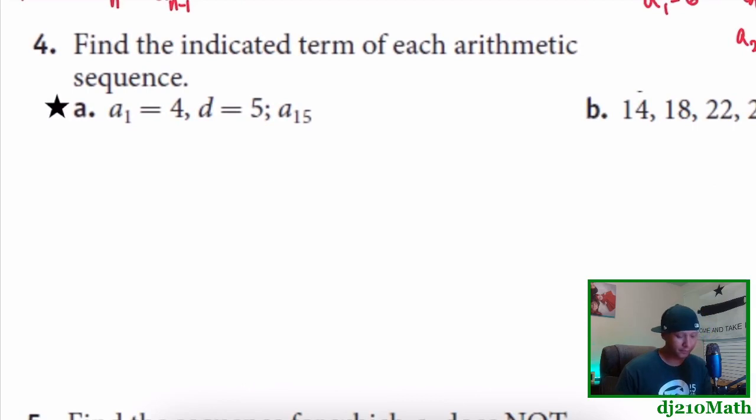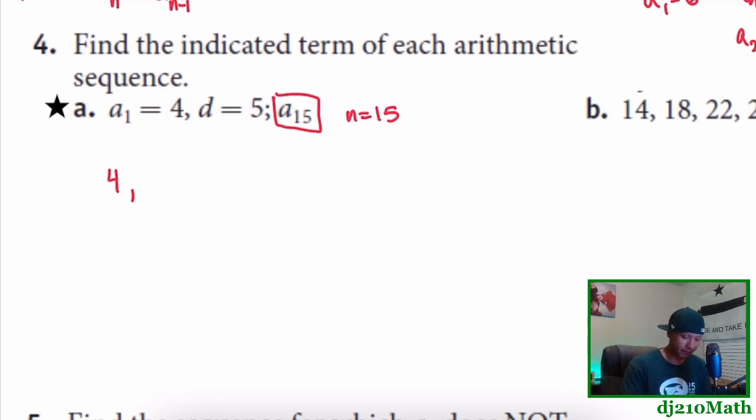All right, find the indicated term of each arithmetic sequence. Okay, so here we're looking for a sub 15. So this is n equals 15. We're looking for the 15th term in a sequence of numbers that starts at 4 and goes up by 5, right?